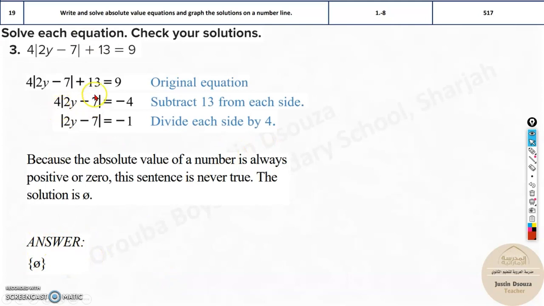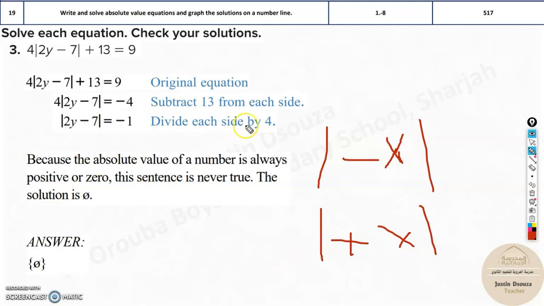Over here now, look. When you just simplify this, what happens at the beginning itself? 13 goes to the other side, it becomes negative 4, 4 divided by 4. Can you look over here? The absolute value of this 2y minus 7 is equal to negative 1. Is it true? Absolutely wrong, because whatever is inside, whether it is negative or positive, the result must be positive. This is very wrong.